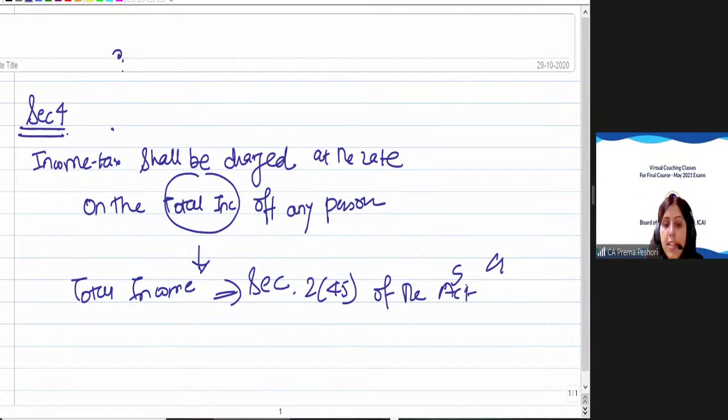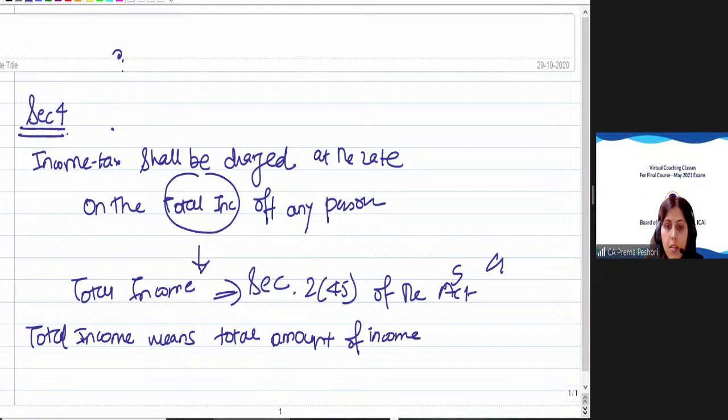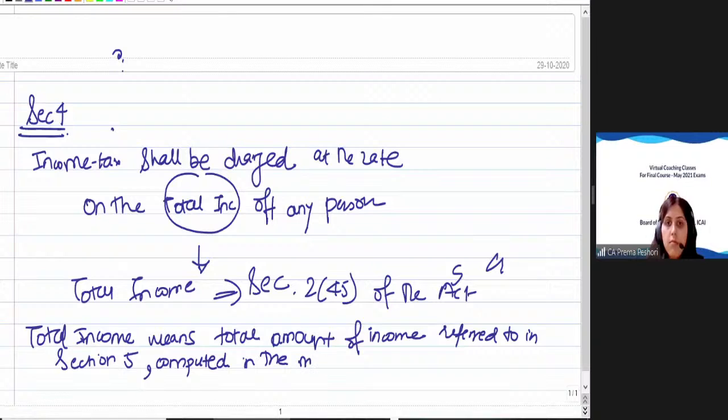And what does section 2(45) say? It says that total income means the total amount of income referred to in section 5, computed in the manner laid down under this act.